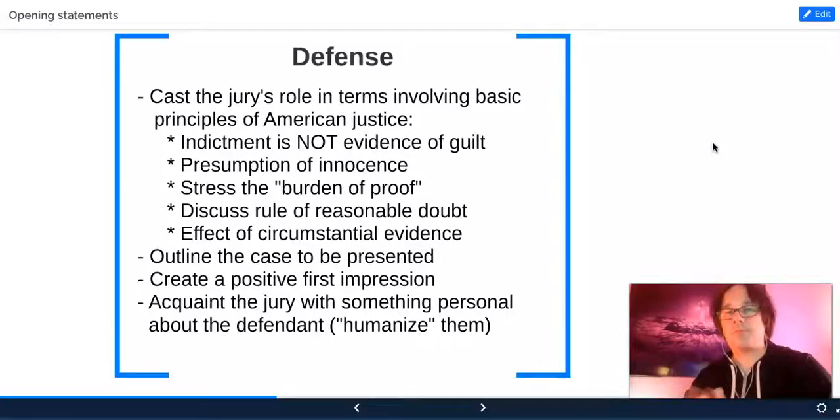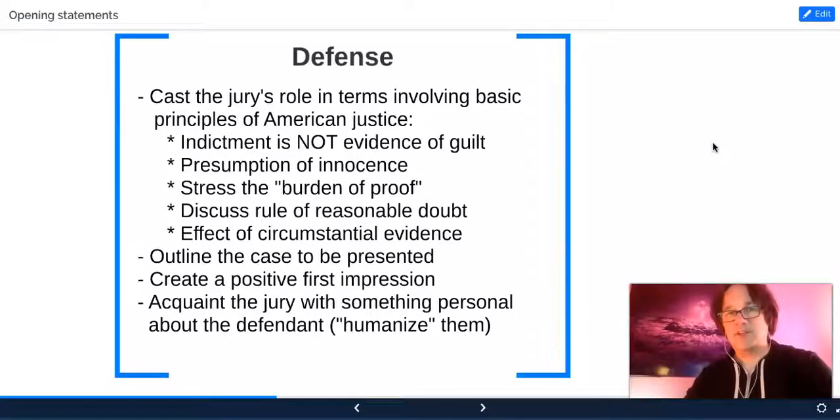So part of that is to make sure that the jury understands that just because someone is indicted or accused of a crime, that does not mean that they're guilty. That's not evidence of guilt just because someone is accused of a crime.